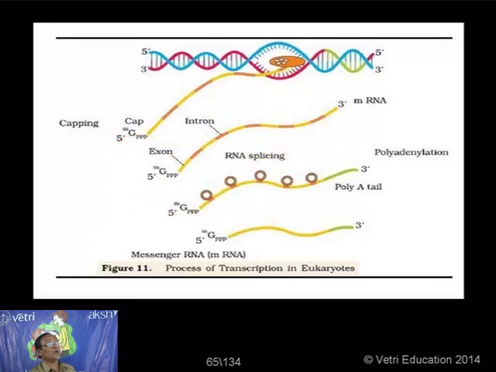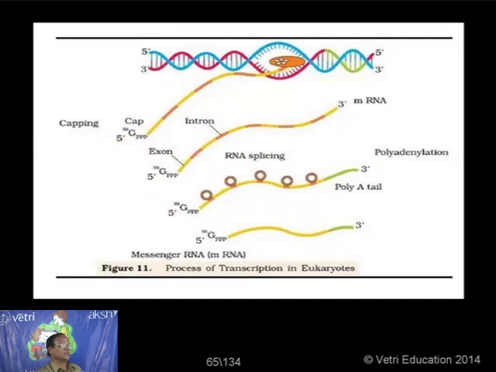Now, this is the event I described in the case of the eukaryotic cell, the process of transcription. You see that the transcription proceeds. This is the nascent or newly formed mRNA. I already mentioned the capping process occurs normally at the 5' end along with the transcription.